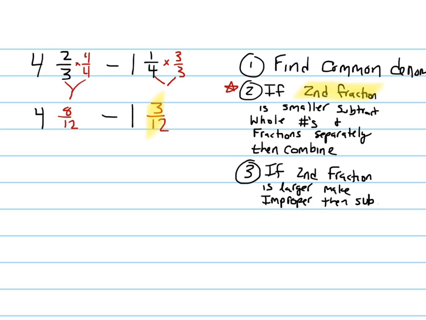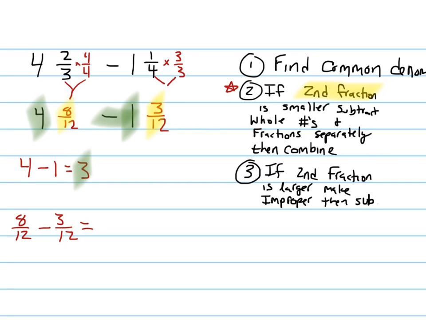So what I mean by that is I'm going to do 4 minus 1 equals 3. So I've just done 4 minus 1, and that's 3. And now I'm going to do my fractions. So I'll do 8/12 minus 3/12 equals, and I'll highlight that.